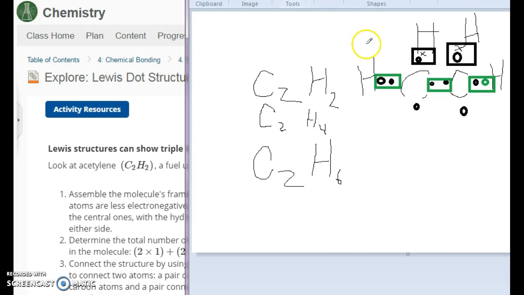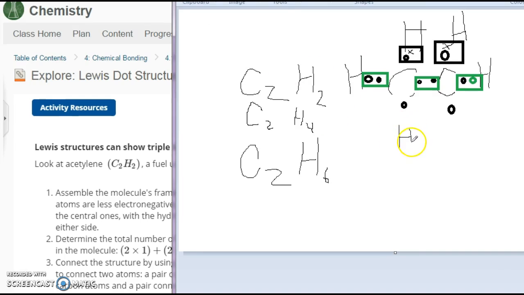So hopefully you can see that they're just going to go right down here in the bottom. And now carbon has a total of 4 bonds and 8 valence electrons. So you can see how carbon can go from having a triple bond to a double bond to all single bonds based on how many hydrogens there are.